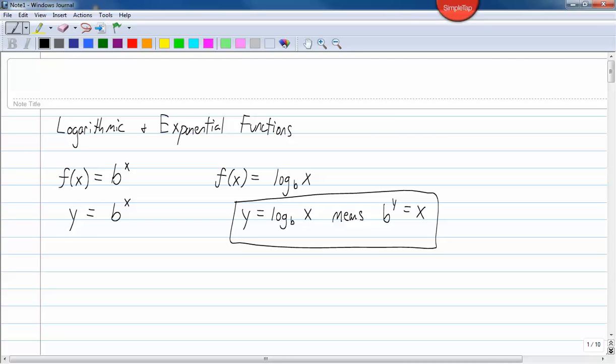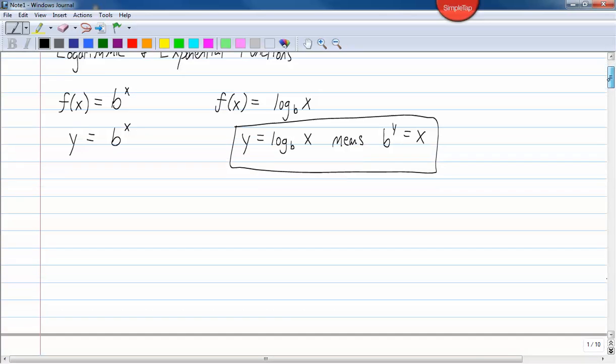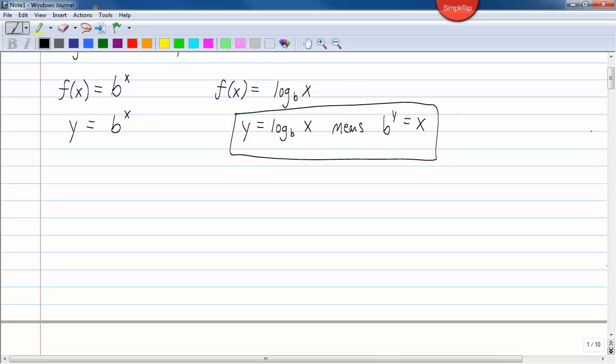Some of the properties of logarithms that you may or may not know: if you take log base b of a product, say m times n, you can rewrite that as log base b of m plus log base b of n.